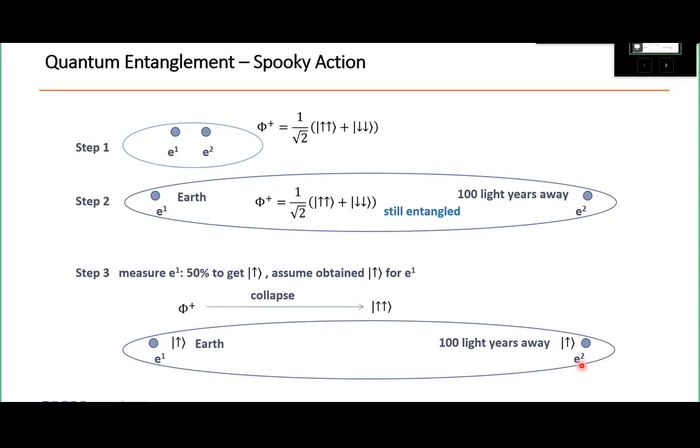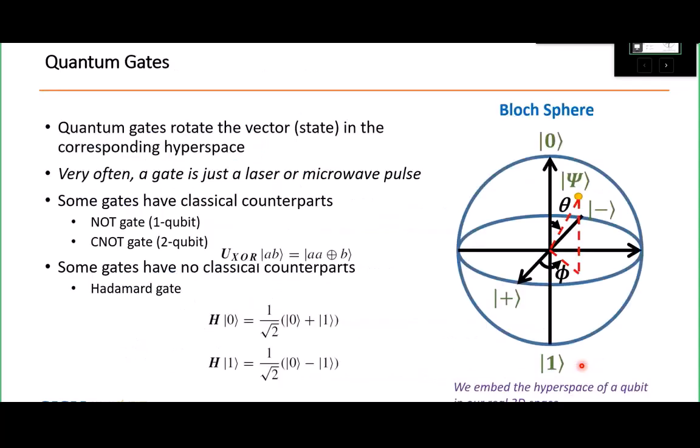That's why Einstein called it the spooky action. But don't worry, this is not going to violate general relativity, and you cannot transmit useful information faster than the speed of light. But here, just to show you something very interesting, it can take days to discuss this, so I will just stop here, right?